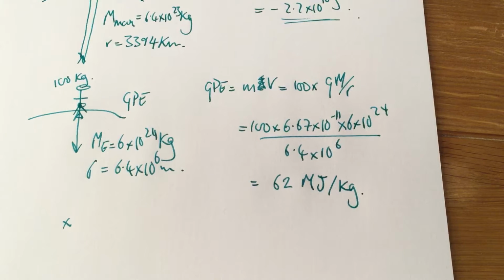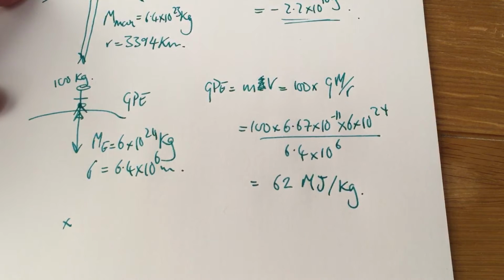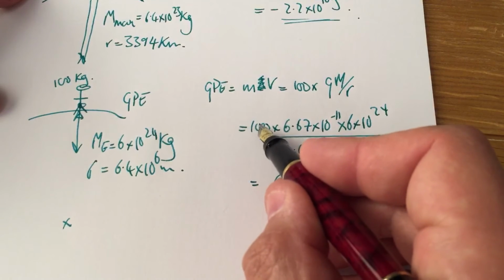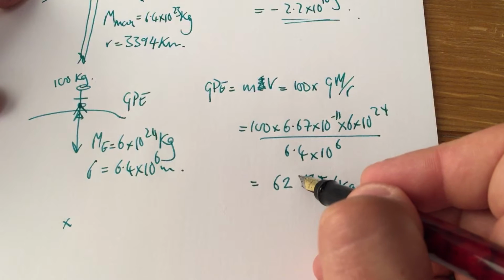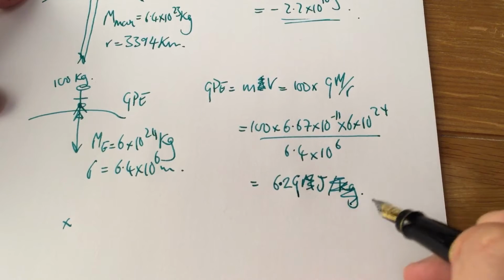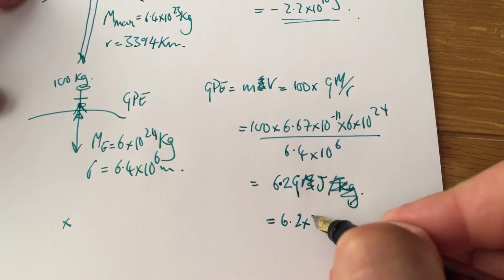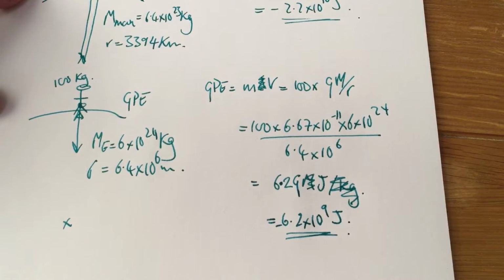I think I might be out by a factor of 10 there actually, but sorry, it should be 62.8 megajoules, but of course I've multiplied it by 100, so therefore that takes me to gigajoules, 6.2 gigajoules, and it's not in kilograms. So 6.2 times 10 to the 9 joules minus. That's the potential energy.